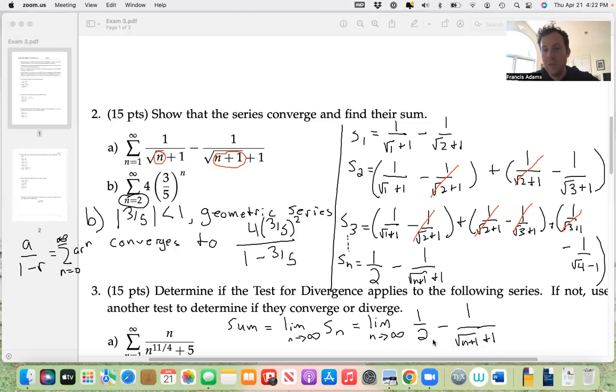And if we take this limit, 1/2 doesn't have any n's, so it's stuck, but now this square root is going to infinity, and plus 1 helps, but that means that our fraction that we're subtracting, the top is 1, the bottom is going to infinity. So this subtraction gets smaller and smaller, and its limit is 0. So this limit, which is the sum of this series, is actually 1/2.